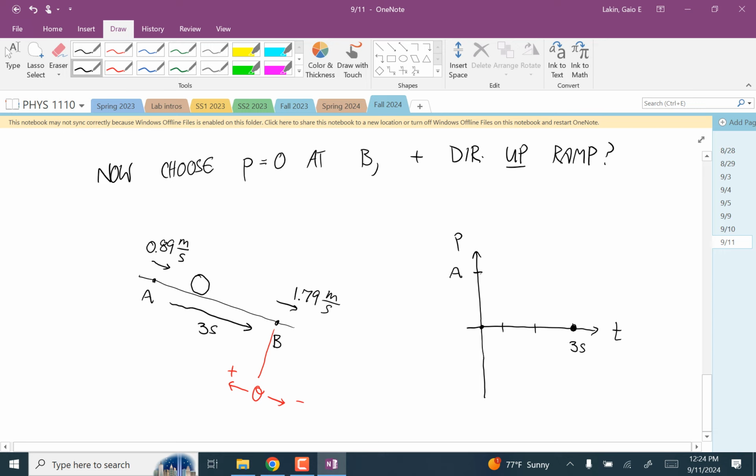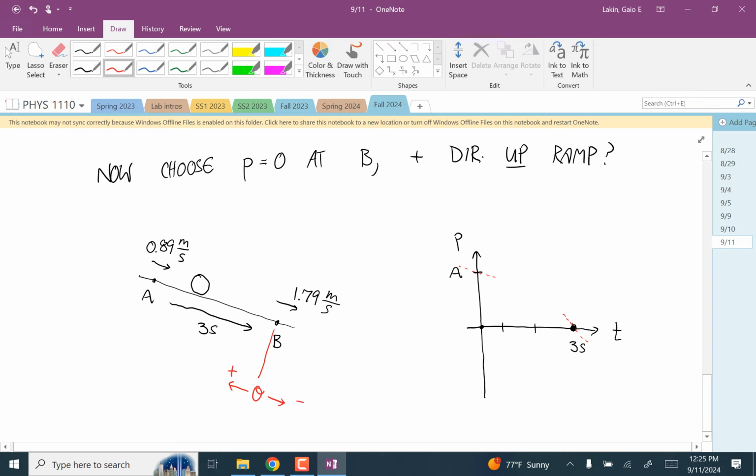So this is going to be A. And now I'm going to use what you just told me. We know that the velocity when it passes point A is negative. So I'm going to just sketch like a little guide slope. And when it passes B, is that velocity going to be positive or negative? Negative still, and it's going to be twice as great a slope. So I'll do that.